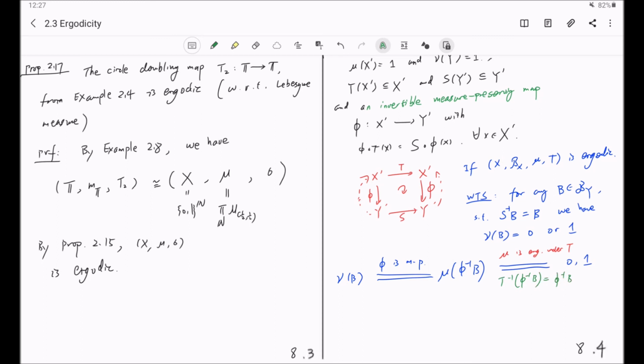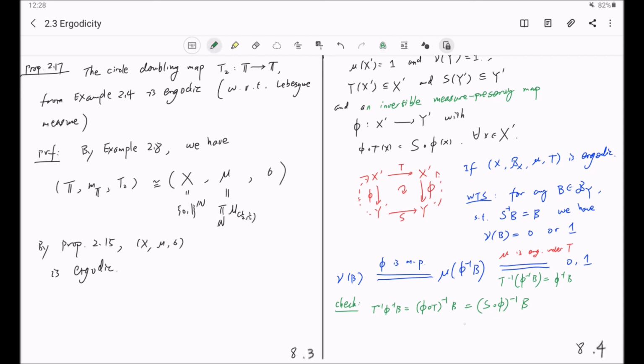To prove this, you're going to use this commutative diagram. So let's check quickly. T inverse applied to phi inverse B is equal to phi composite T inverse applied to B. And this is equal to S composite phi inverse applied to B by the commutative diagram. So phi composite T is equal to S composite phi.